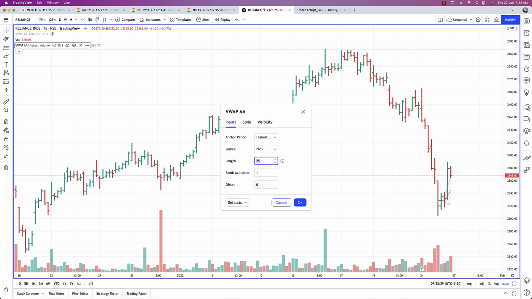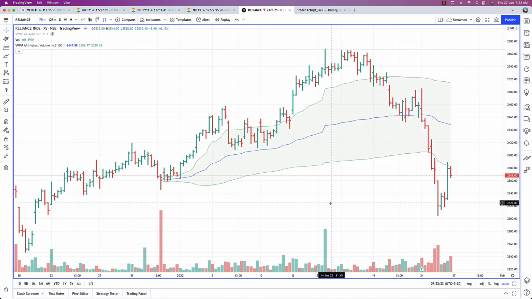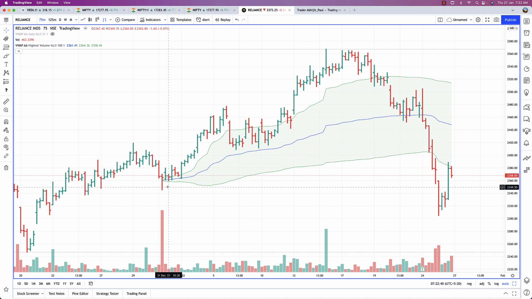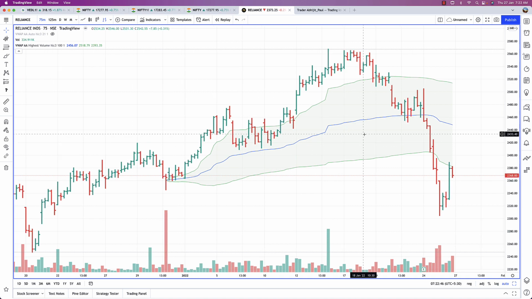So let's say if I make it 100 on the 75-minute time frame, it's counting the last 100 bars. It's got itself anchored to that particular bar where the volume was the highest, and this is the VWAP with 1 standard deviation.